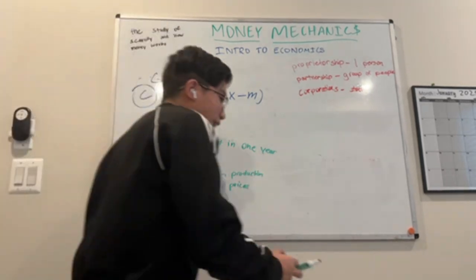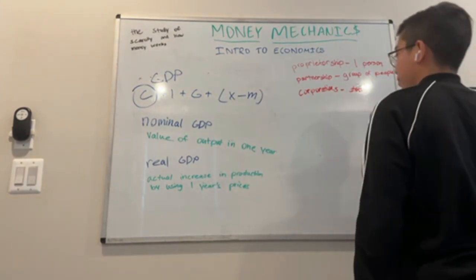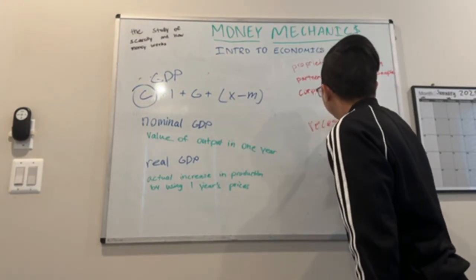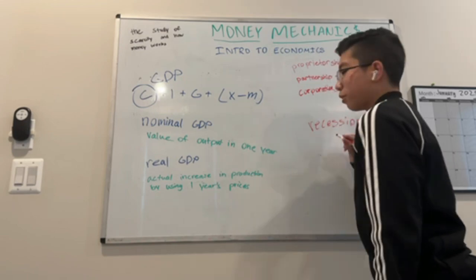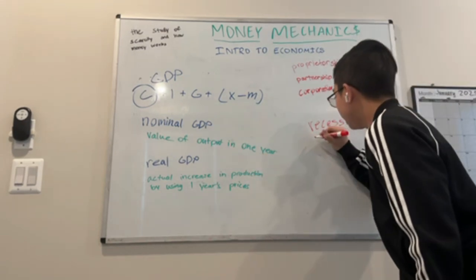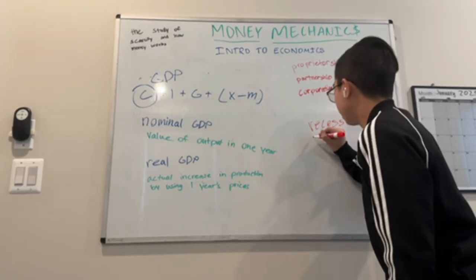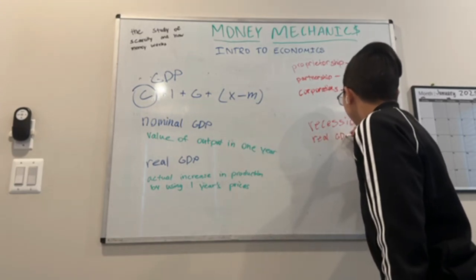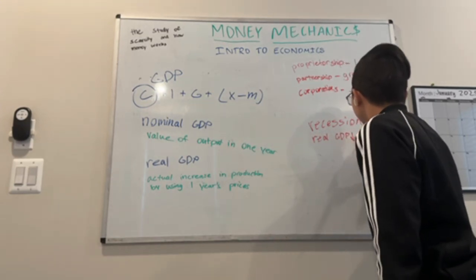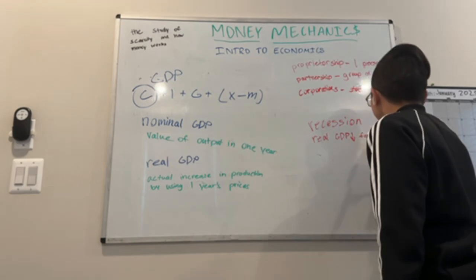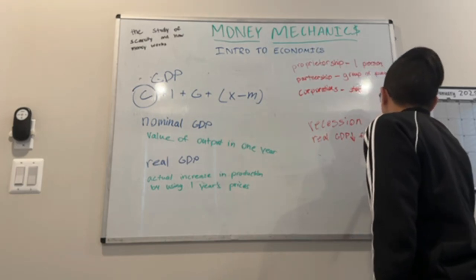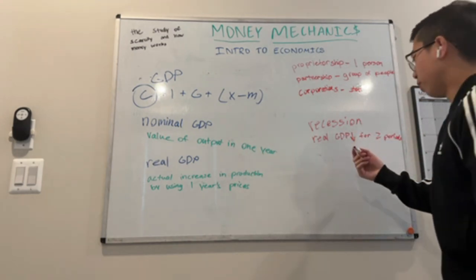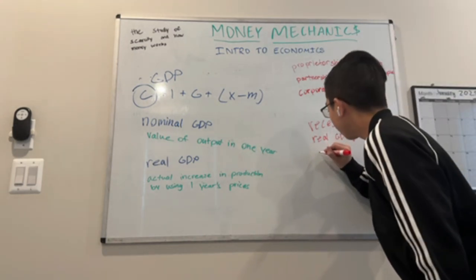And a recession is when real GDP is reduced for 2 periods, which is around 6 months. These recessions happen around once every 10 years.